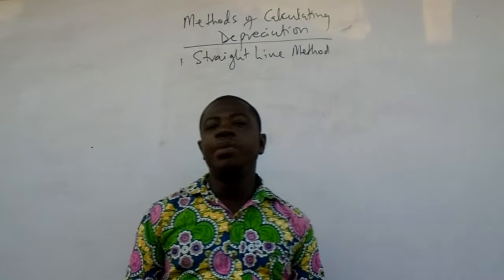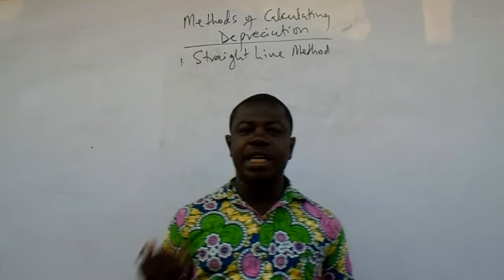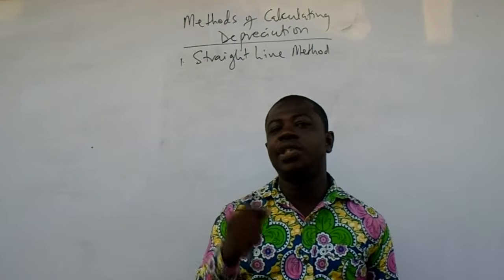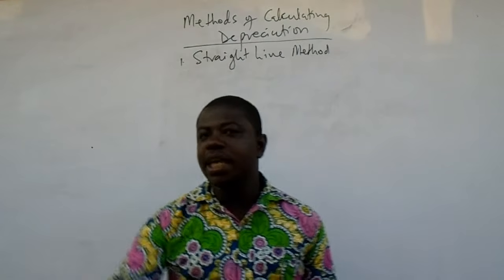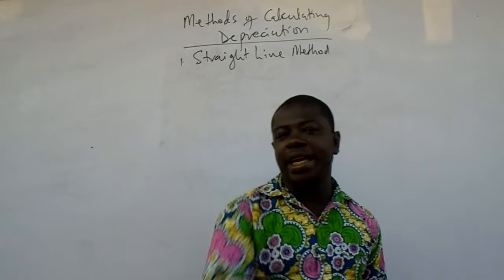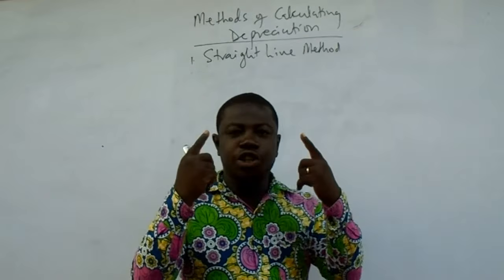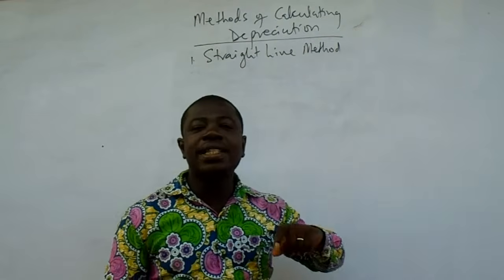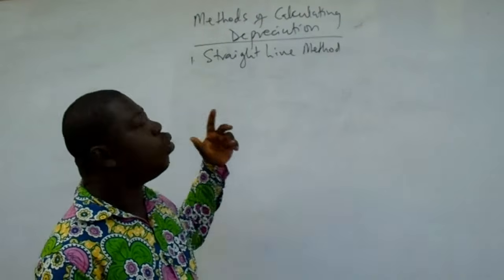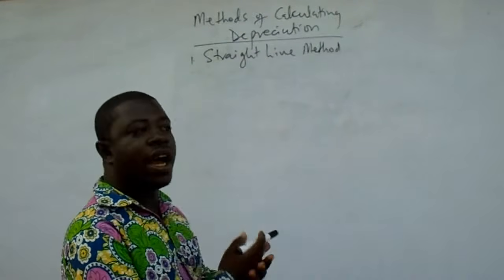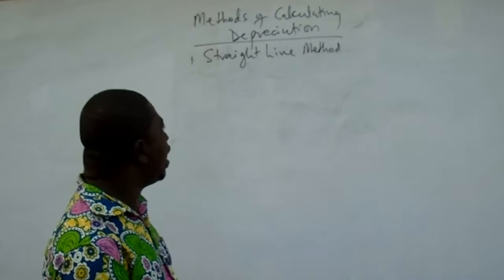And so, what we mean by the depreciable value being the same is that if year 1's depreciation is $1,000, year 2 should be $1,000, year 3 $1,000 till the end of the useful life. The assumption here is that the asset is used the same way throughout the useful life of the asset. And so, what we do is that we have the same value for depreciation in every year.